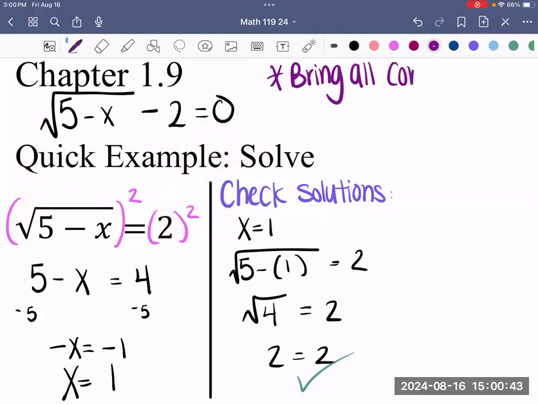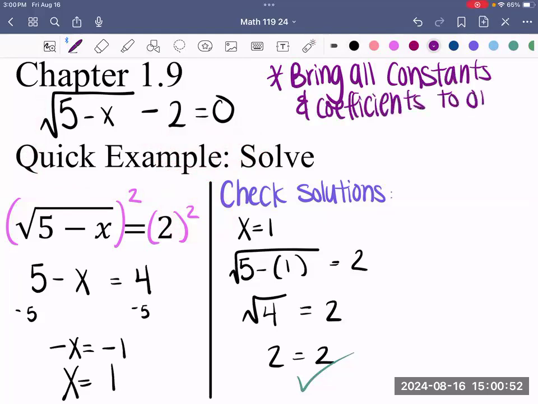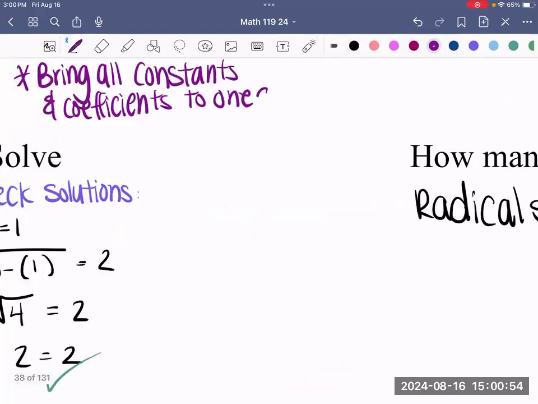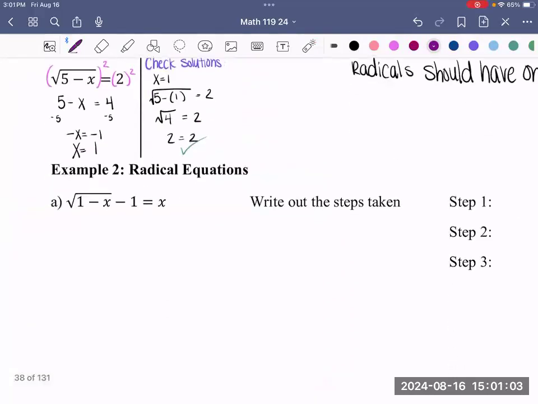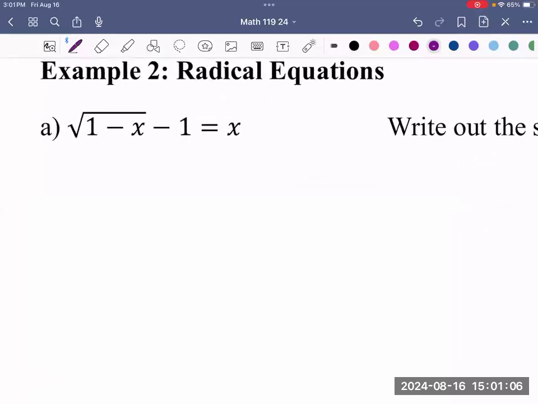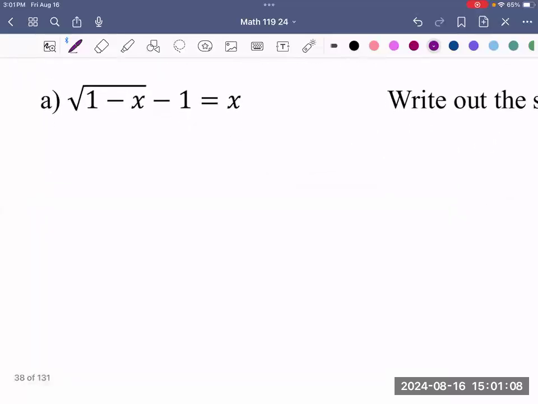Bring all constants and coefficients to one side before squaring. That goes hand in hand with this one over here. You can see that there is a -1 on the other side.